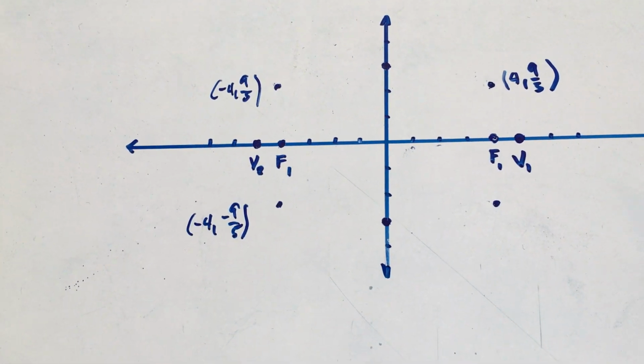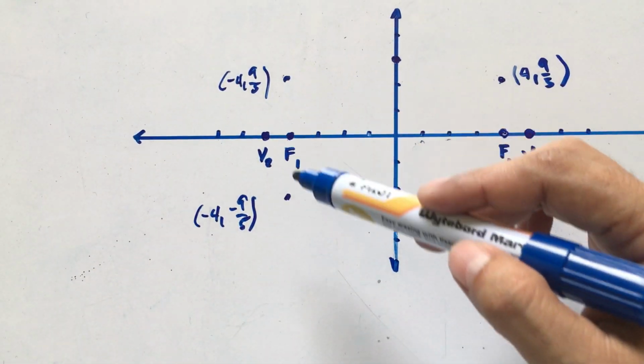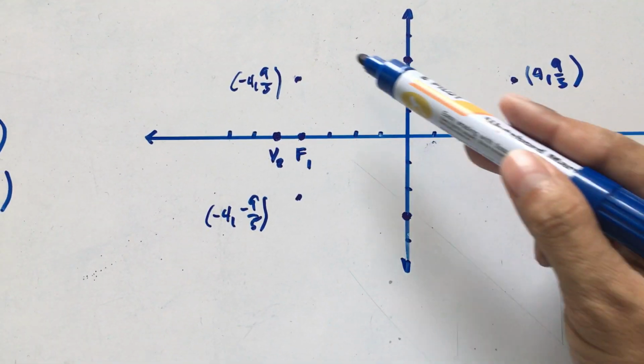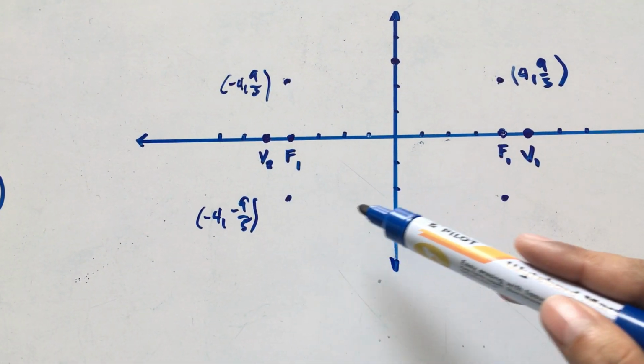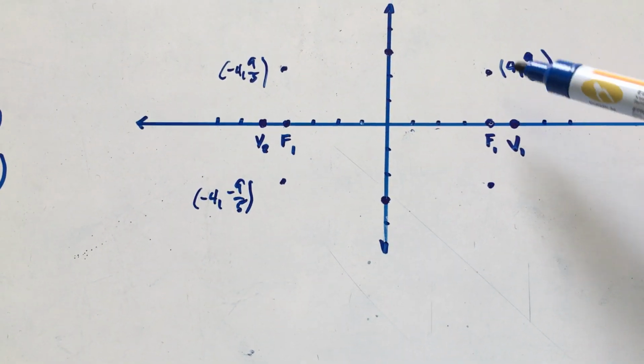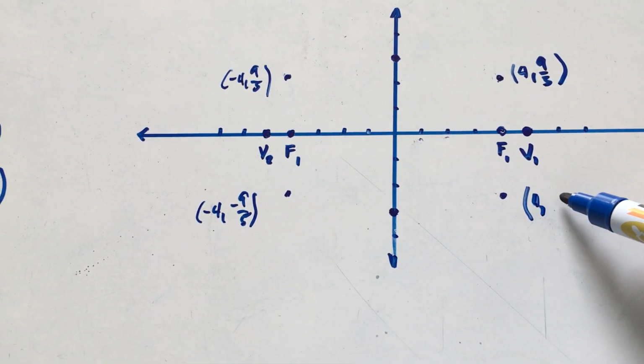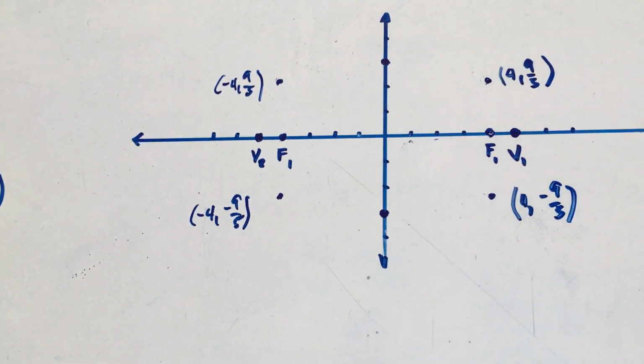Okay. So which means mura tag magporma og rectangle, no? Makita niyo ang points. Make sure align siya sa focus. Okay? And then align po dere. Align po silang duha dere. Okay. So these are the endpoints of our latus rectum.